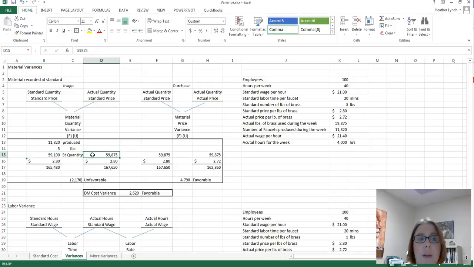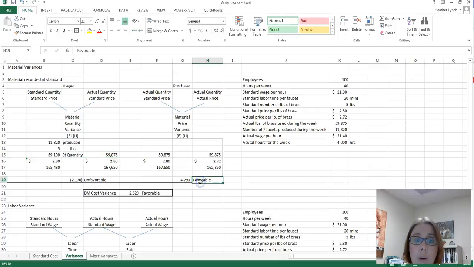We actually used 59,875. This is what's going to happen when your production manager goes back and says, okay, why did we use 775 pounds more than what we stated we were going to do? Over here we're favorable, but the reason is the price went down on the material. So this helps us pinpoint more on what actually happened.